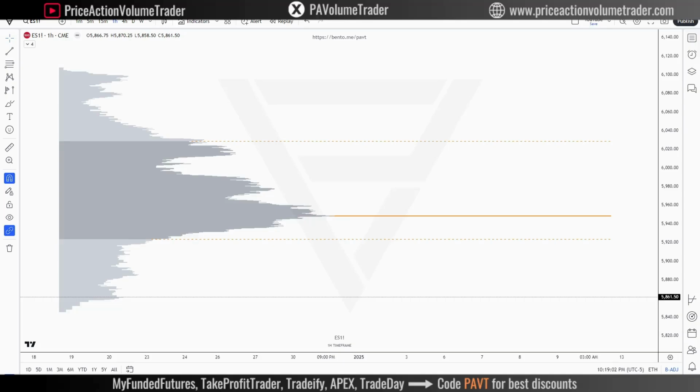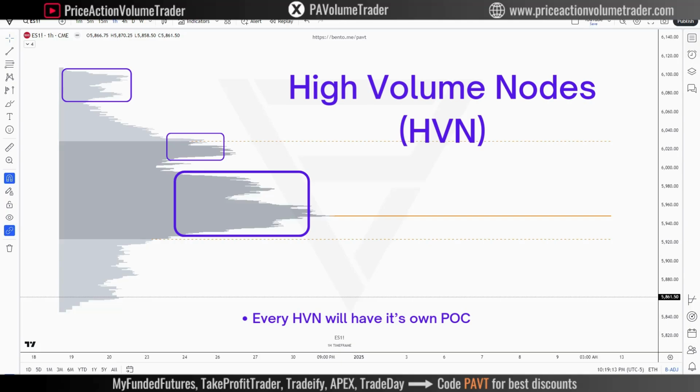Okay, and then after that, the next element that we're going to be looking at is what we call high volume nodes. This corresponds to the areas that are sticking out the most in the chart.